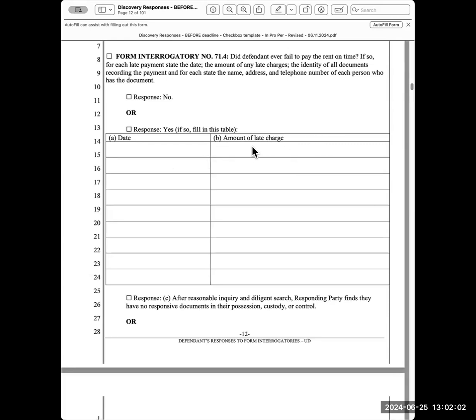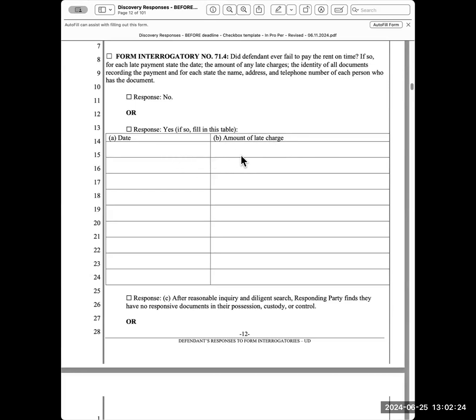This part is asking, did the landlord assess a late charge? And this can be helpful information because there have been periods during the pandemic, for example, that the landlord wasn't allowed to charge a late charge. And so there could be an illegal late charge added.